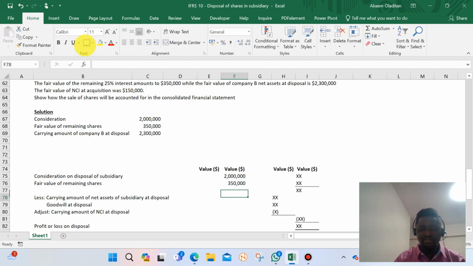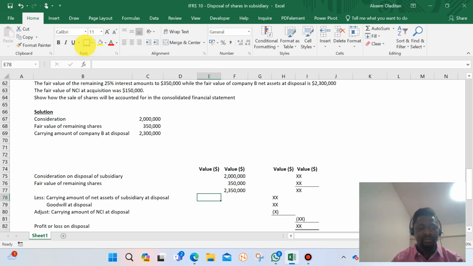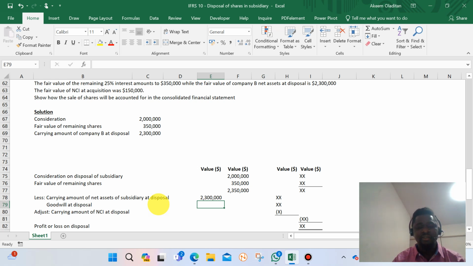We have it here. When we add it together, what do we have? Then we now have carrying amount of net assets at disposal. So what is the carrying amount of net assets at disposal? This is 2.3. Goodwill at disposal, do we have it? Yes, we have it.